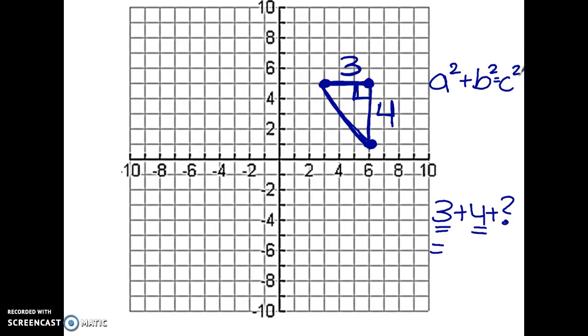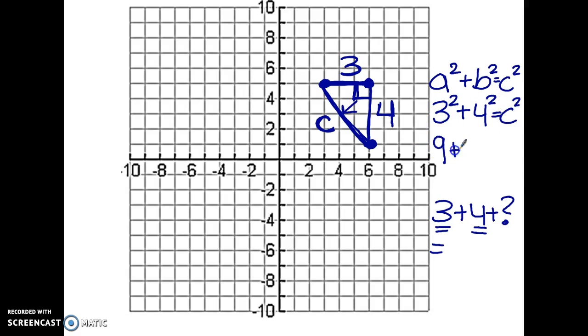And it doesn't matter what's A and B, but it definitely matters that this side opposite of the 90, or the longest side, is C, or the unknown side. So with this one, I'm going to put 3 in for A and 4 in for B, equal to C squared.